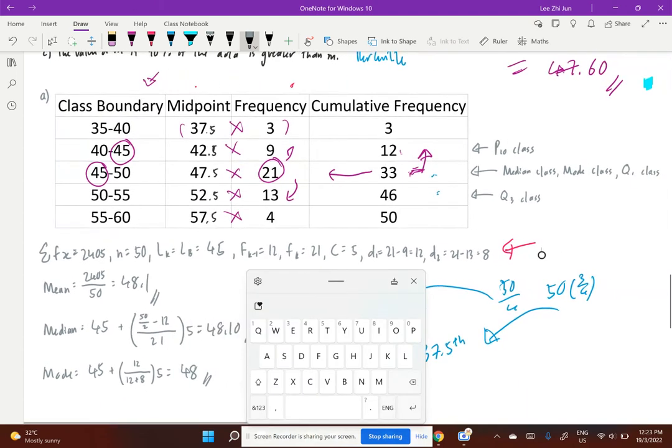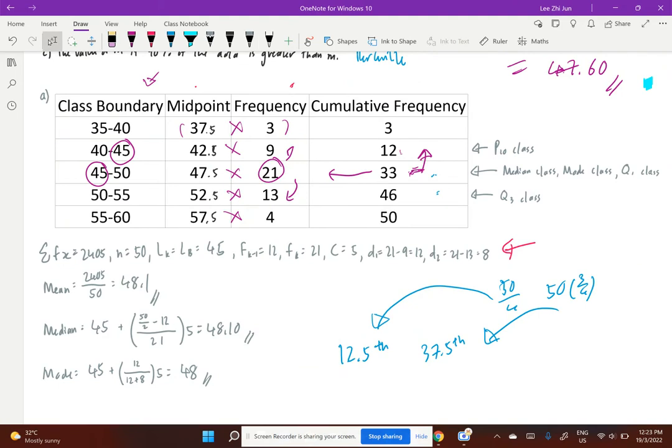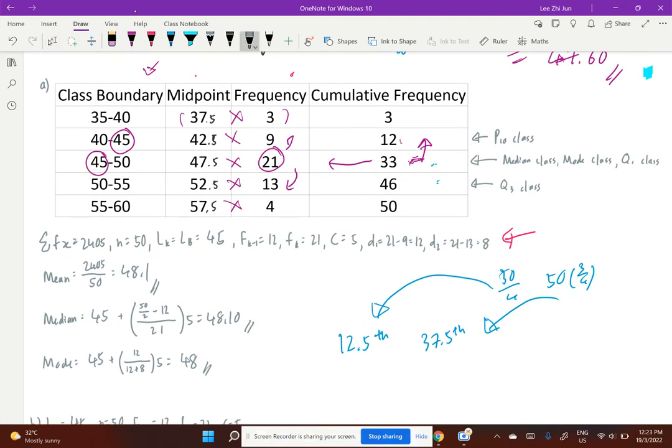So here's the mistake, so please take note. You need to be alert, because I also made this mistake. This is the class boundary, not the class interval.